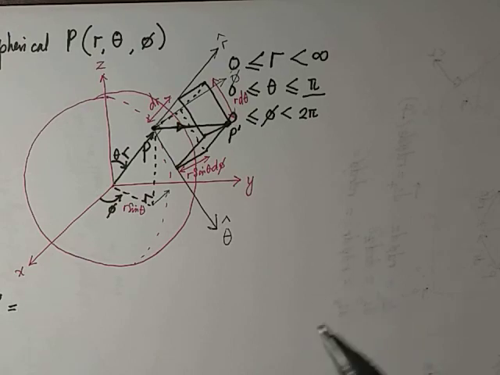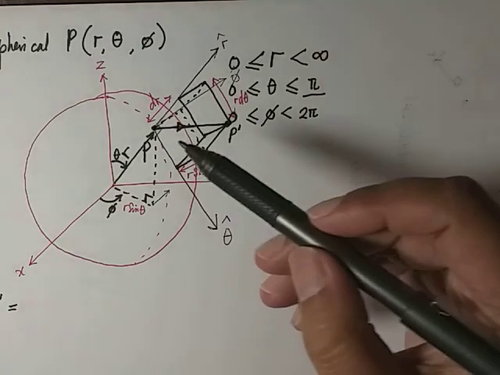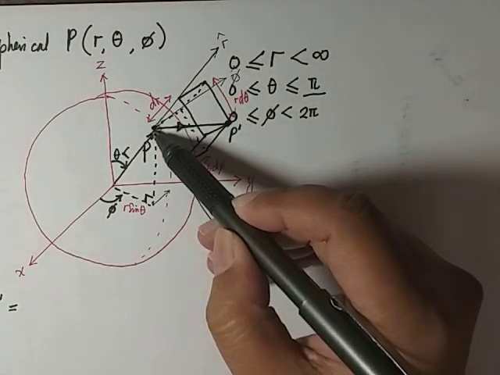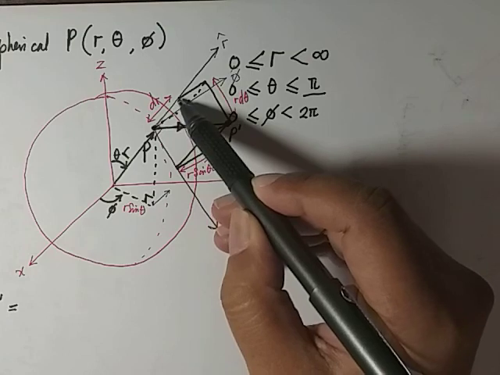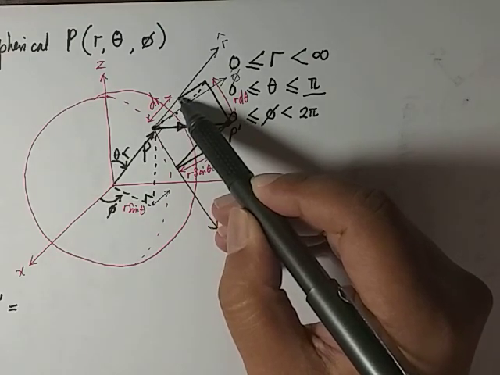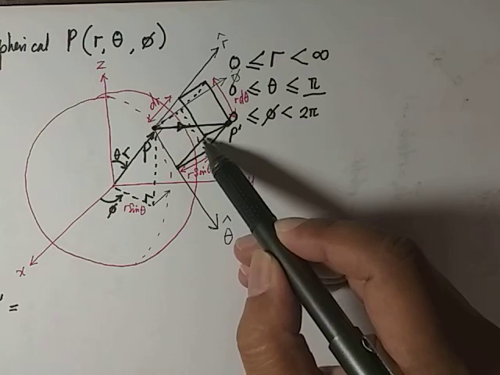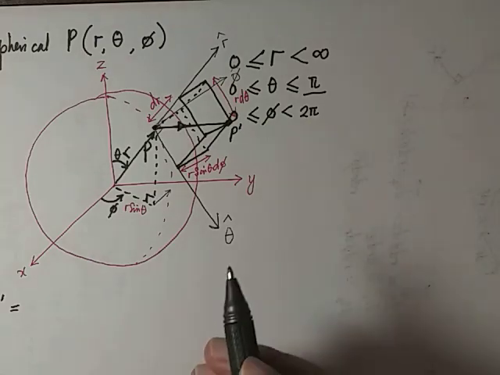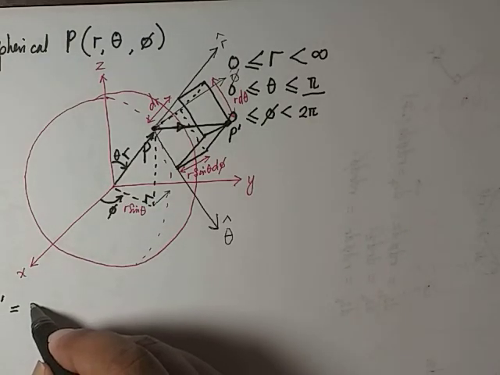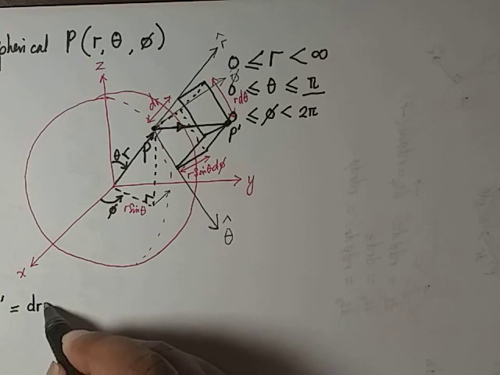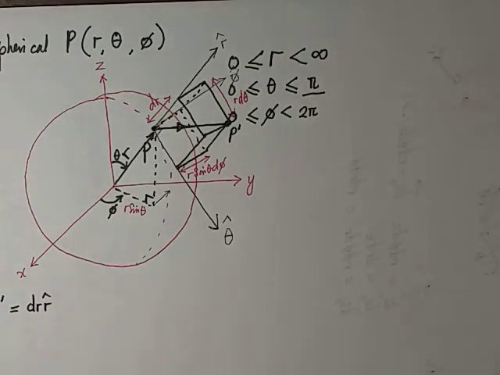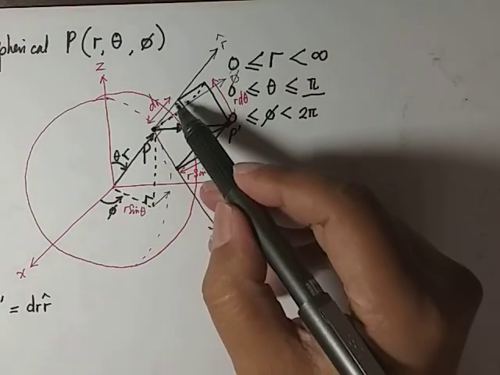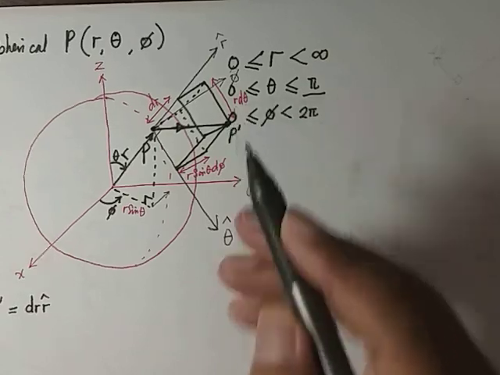So I'm going to follow logically three different paths. The first path is based on the r component. Then I'm going to use the theta component. I'm going to end with the phi component. You can translate that into equations: for the r component, magnitude dr along the r direction. Okay, from here to here, magnitude dr, r direction. Then I'm going to follow this path now, magnitude r d theta.